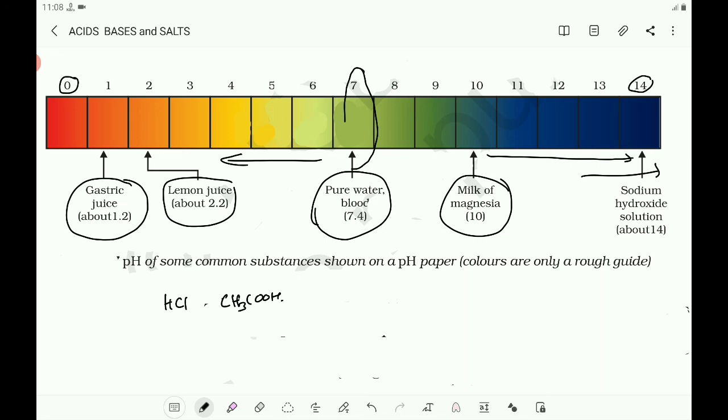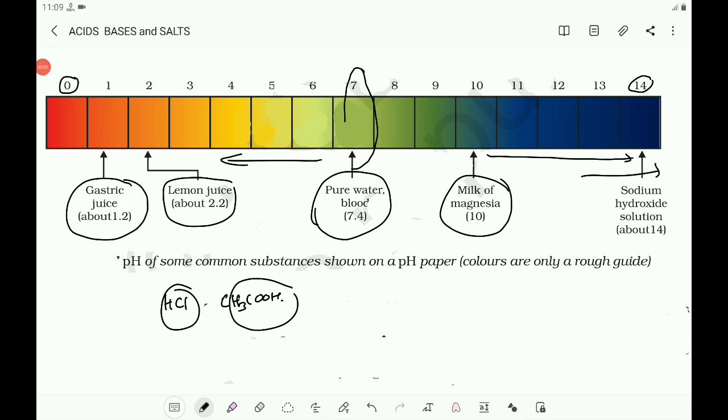Acids that give rise to more H+ ions are said to be strong acids, and acids that give a smaller number of H+ ions are said to be weak acids. In this way, you can identify the weaker acids and stronger acids.